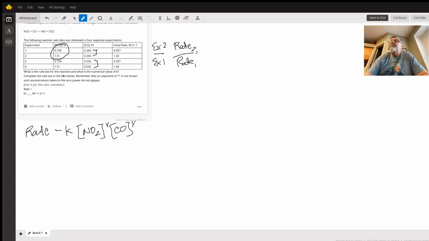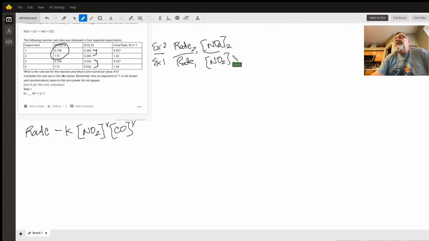So I'm just going to take a look at the two concentrations of my nitrogen dioxide: the concentration of the nitrogen dioxide for experiment 2 and the concentration for experiment 1. So this is a generic formula. I teach this to my students to constantly use to determine what the order of reactions are.